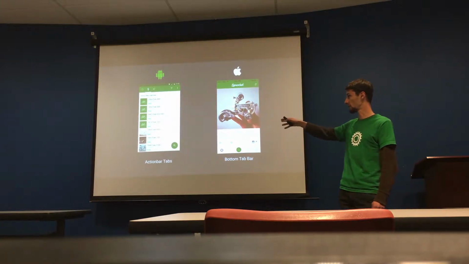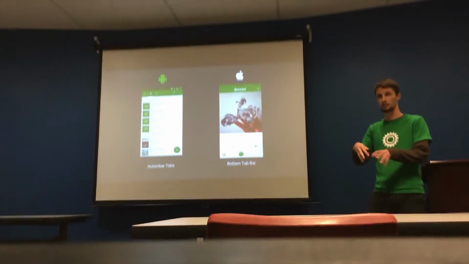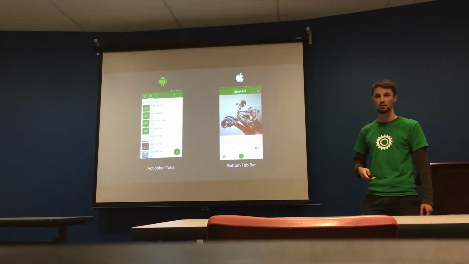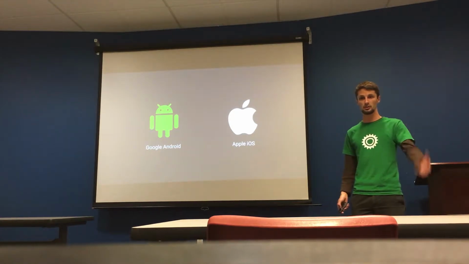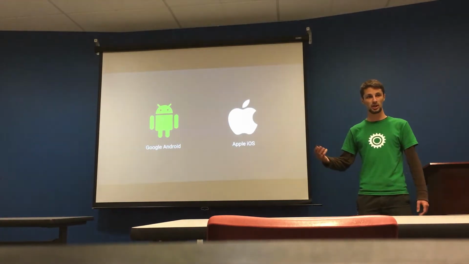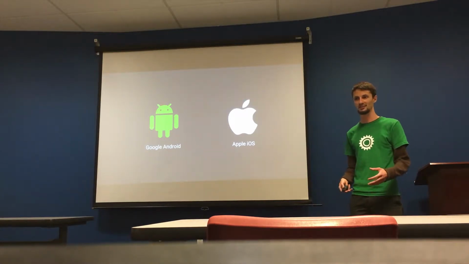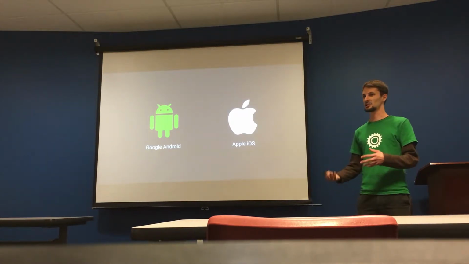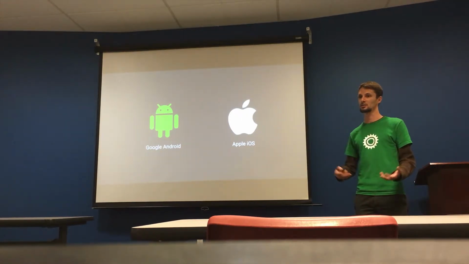On Android, you would have tabs on top because you have a navigation bar on the bottom, so you don't really want them to collide. You don't want people pressing the wrong thing. So the two platforms, right? We have Google's Android, and we have Apple's iOS. There are some other phones, but they're not really a significant percentage, and both BlackBerry and Windows Phone have kind of died this year.